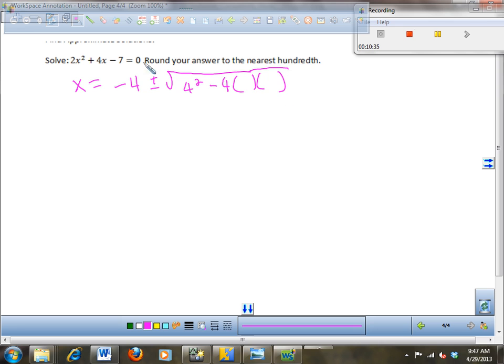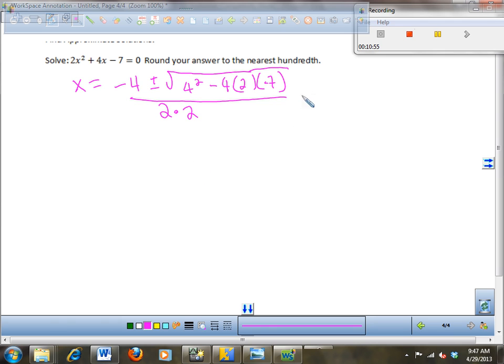What's a in this case? What's the number in front of the x squared? 2. What's c? Negative 7. You take the sign right before it, so it's negative 7. That whole thing over 2a, and a in this case is 2.